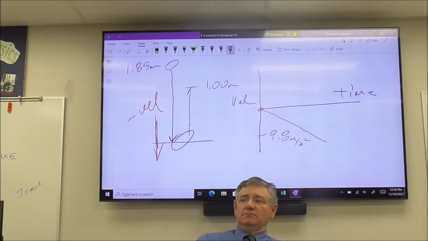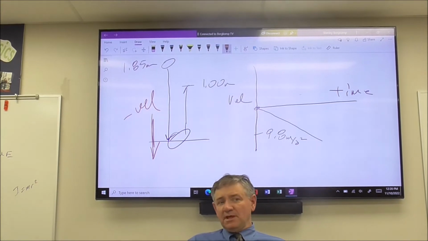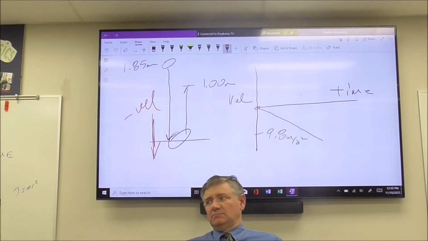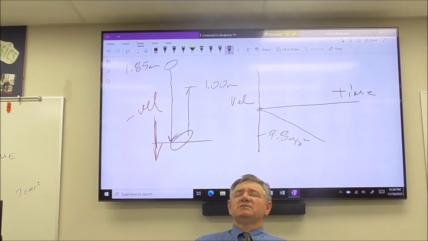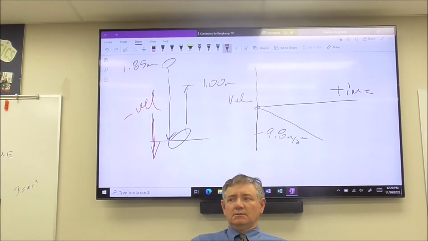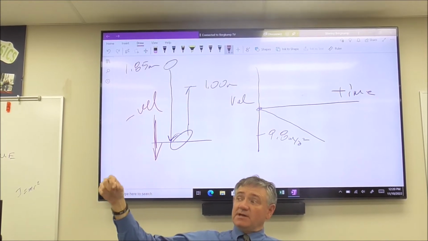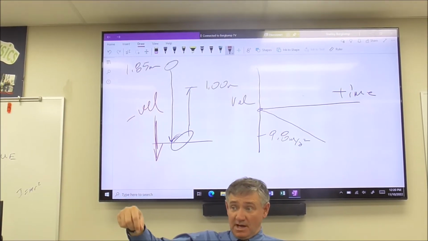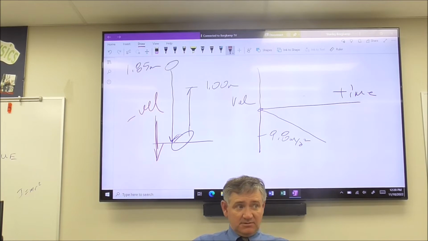Speed up or slow down? Slow down. Rapidly or slowly? Rapidly. Is the ball going to accelerate when it comes in contact with the ground? Yes, but is that acceleration going to make it speed up or slow down? Slow down. So it's initially going to slow down.